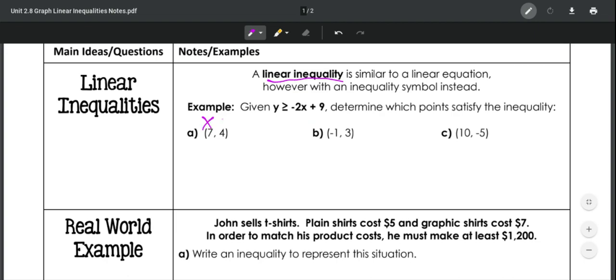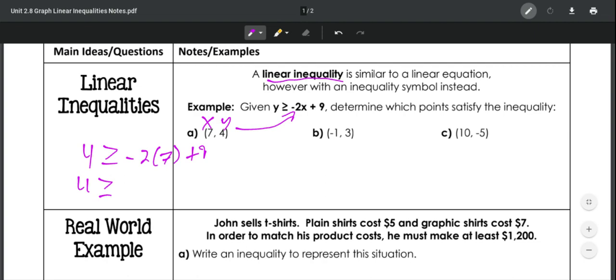In an ordered pair, the first coordinate is x, the second coordinate is y. So all that means is you plug in x and y in this equation and simplify it. So we've got 4 greater than or equal to, because 4 is y, so we plug that in for y. Negative 2, we plug in 7 for x, plus 9. Then we're just going to work that out.